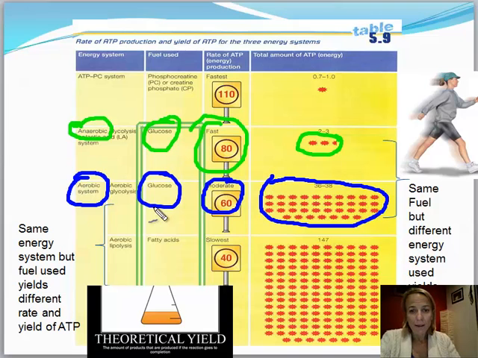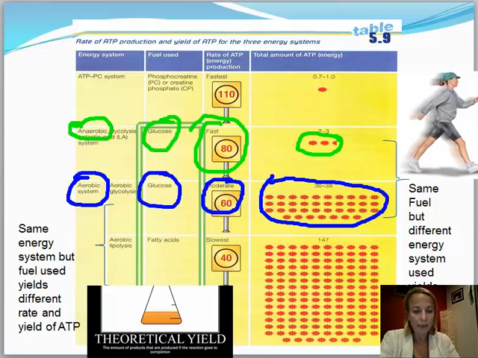So the rate is due to the different energy system. This is no oxygen, anaerobic, and the blue is aerobic, that's with oxygen. And as you can see, the aerobic is a slower rate, but the glucose, same fuel, but the different energy system provides you with different amounts of ATP.